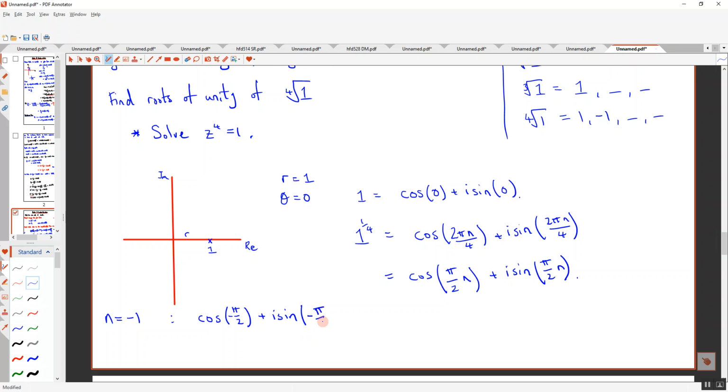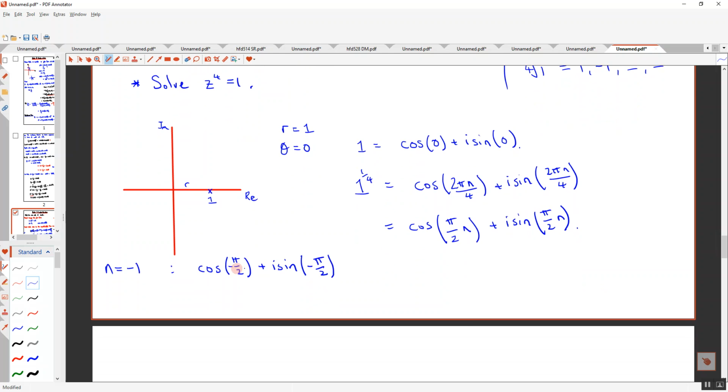Now let's actually just look at this, because we can. Cos of -π/2 is the same as cos of π/2.